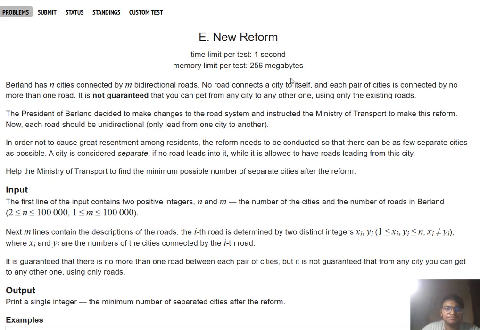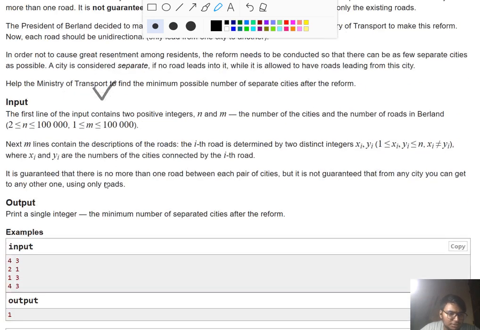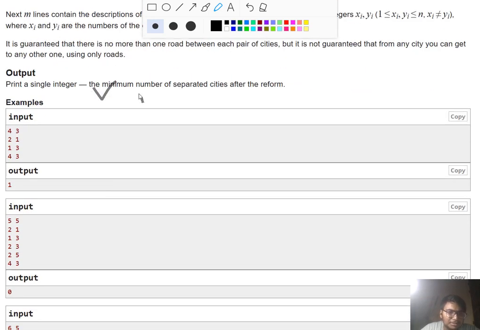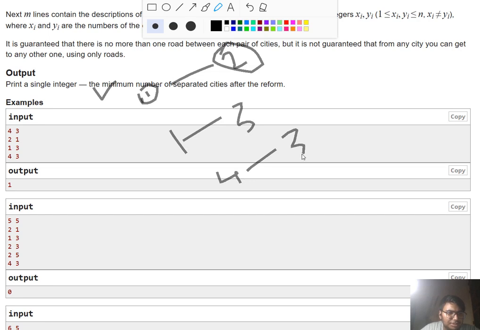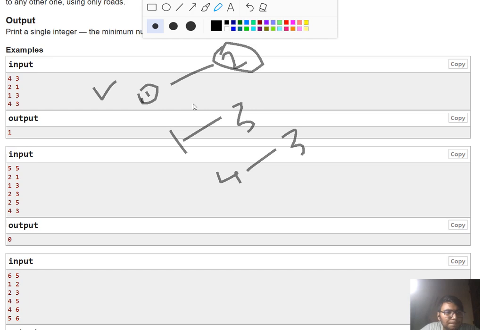So let's quickly see that case first. There is a connection between one and two, a connection between four and three, and another connection, and the output for it will be one.